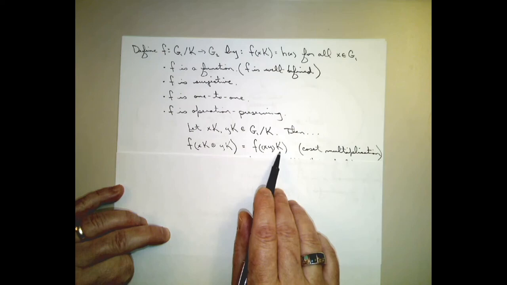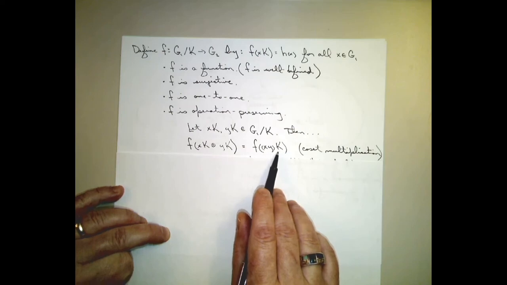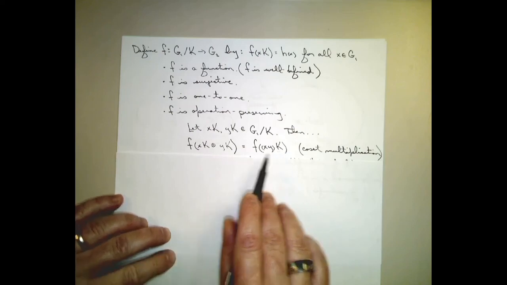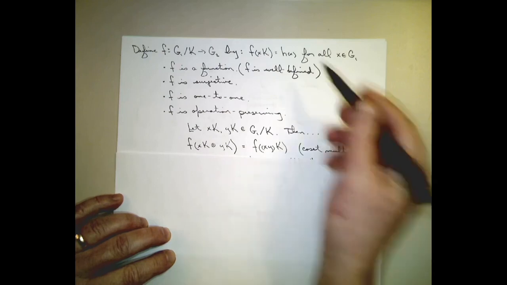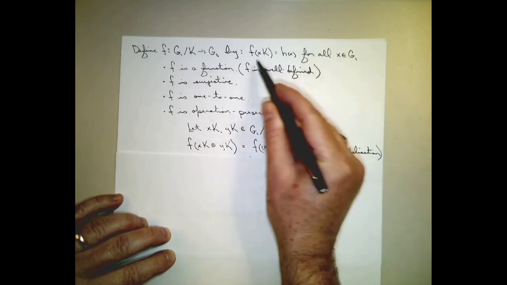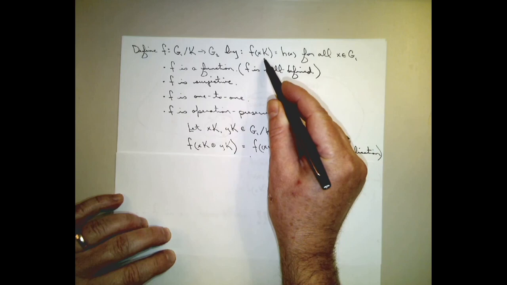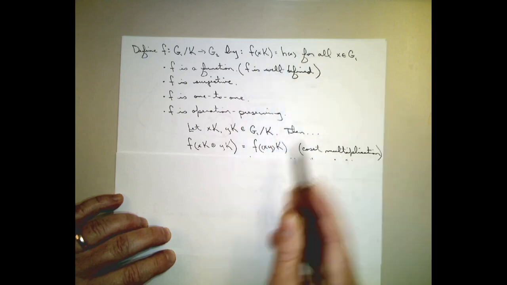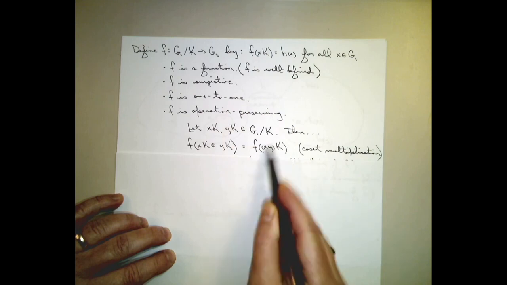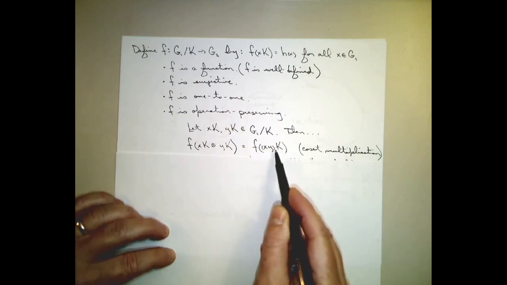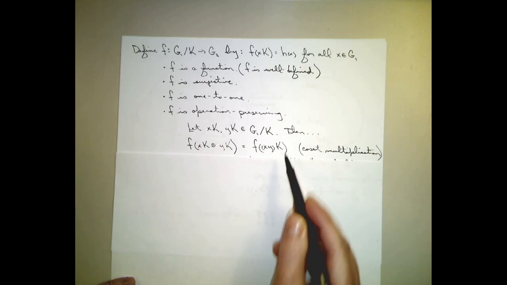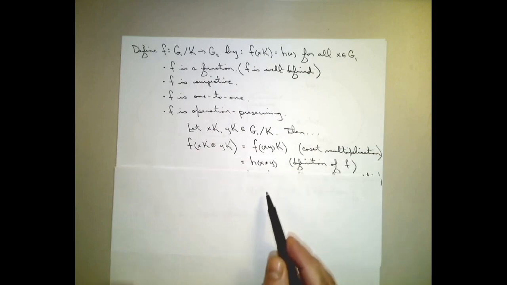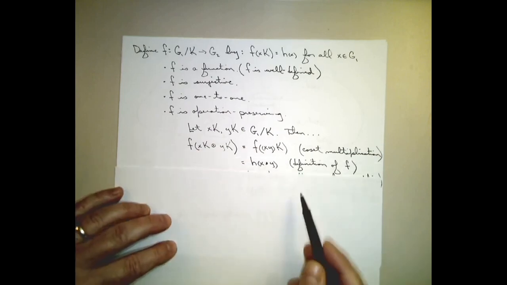That's going to be the coset that contains x times y. And so by definition of our function, our function is sending the coset that contains x to h of x. And so this is the coset that contains x times y, so it's going to get sent to h of x times y. That's just by definition of F.